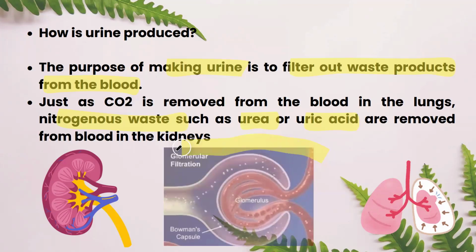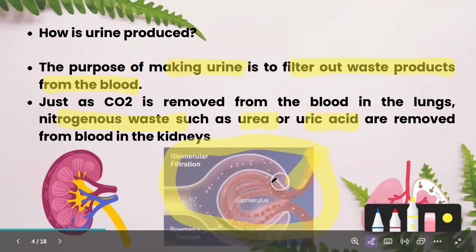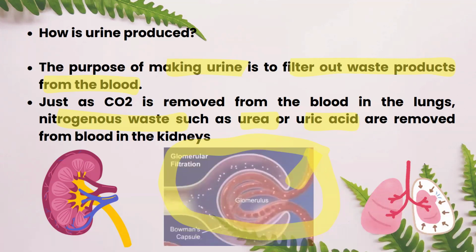Glomerular filtration: the blood enters the kidney and gets filtered, and later the nitrogenous waste comes out in the form of urine.